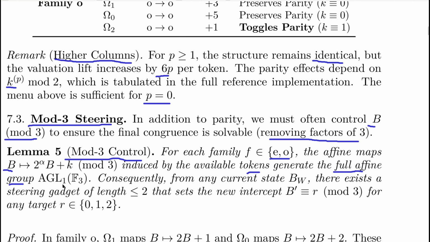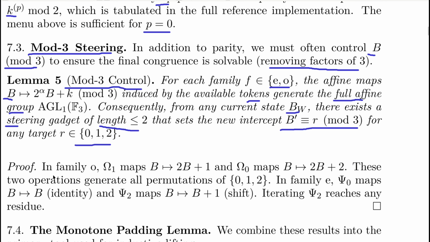So this is the one-dimensional affine group on F3. Consequently, from any current state BW, there exists a steering gadget of length less than or equal to 2 that sets the new intercept B prime congruent to R mod 3 for any target, R being any of 0, 1, and 2.